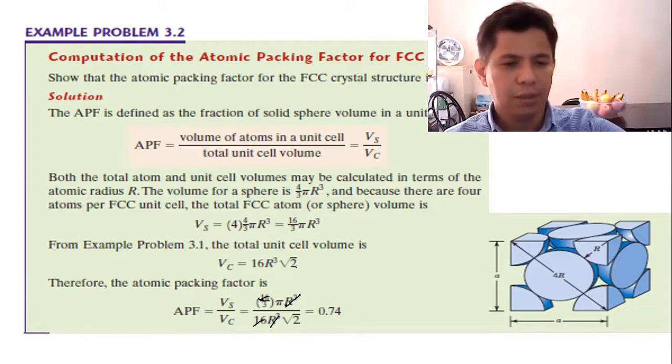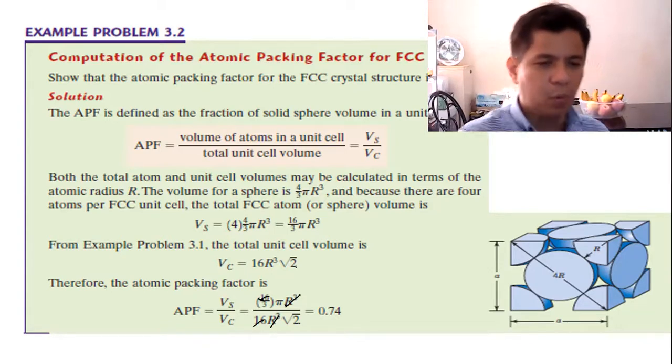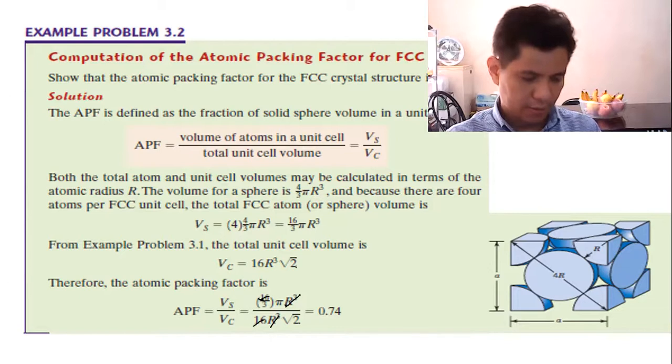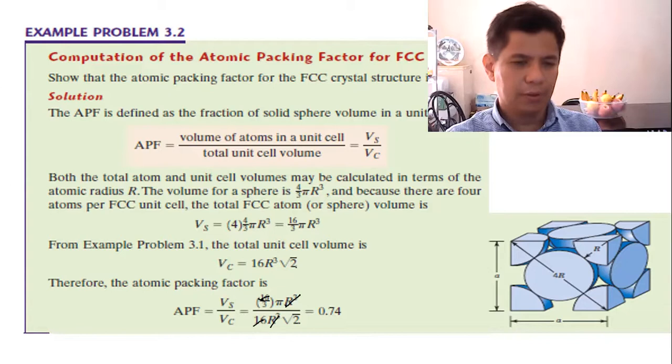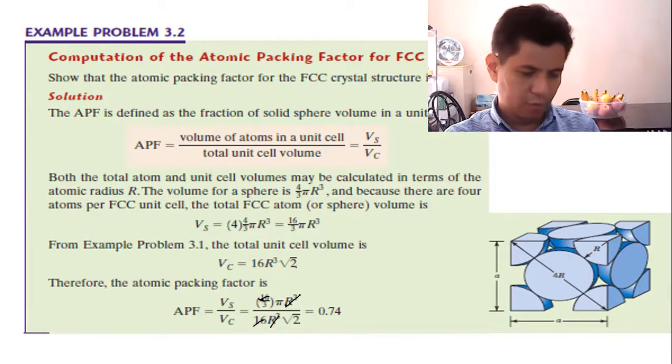So that would be, let me check, that would be 1/3 pi, tapos square root of 2, divided by square root of 2.